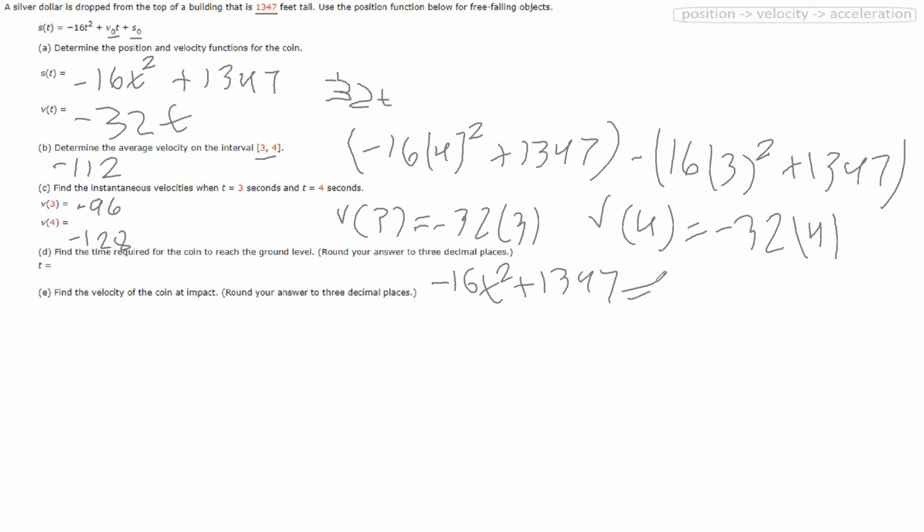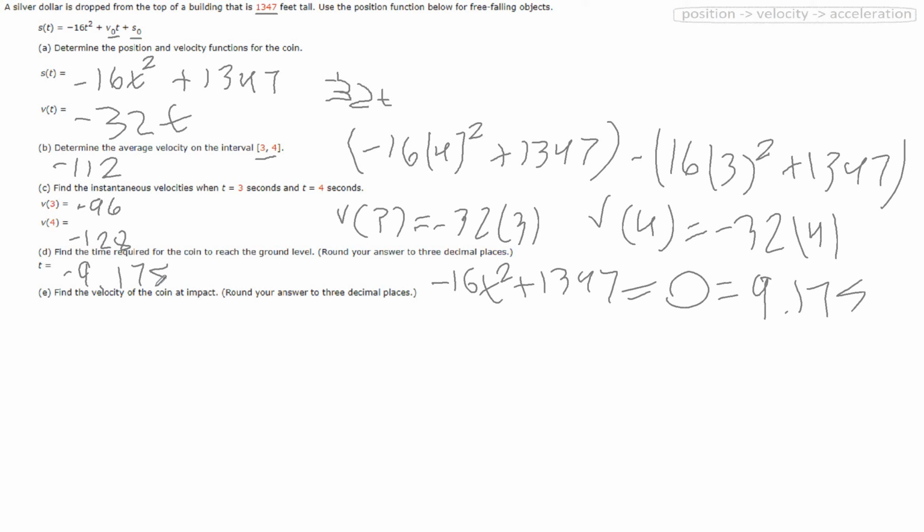Since it's asking for the time for the coin to reach the ground, we know that at ground level the height would equal 0, so we'll just set the entire function to equal 0, and when we evaluate that we get 9.175.